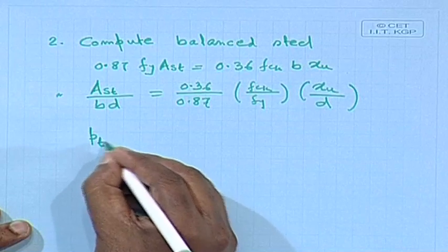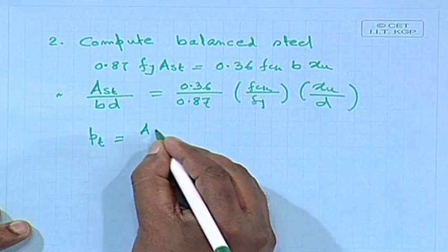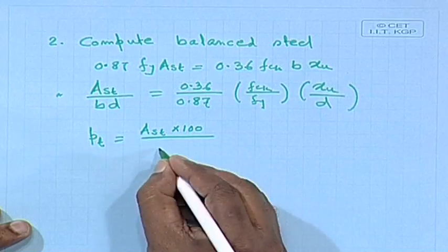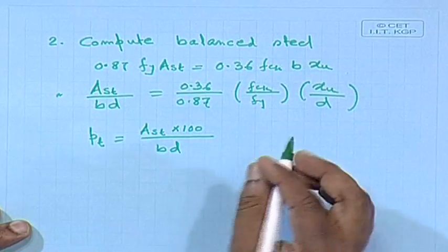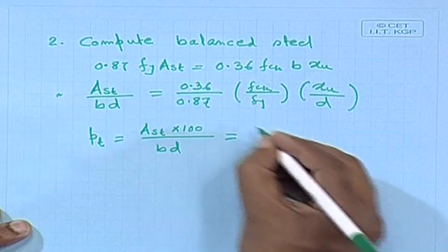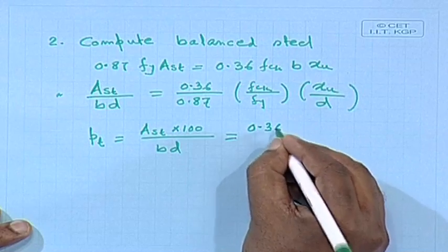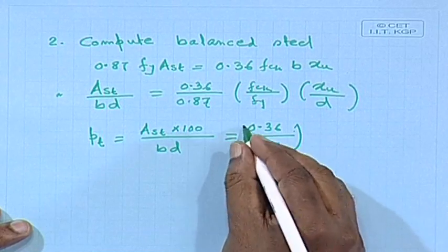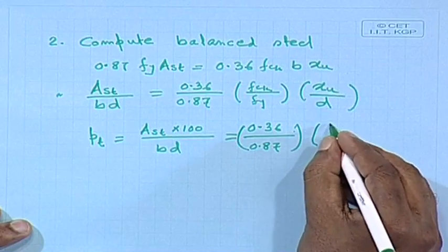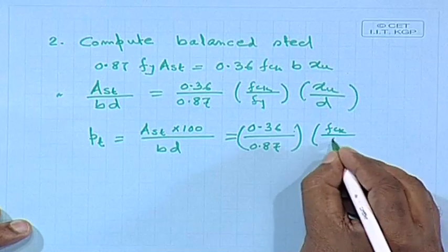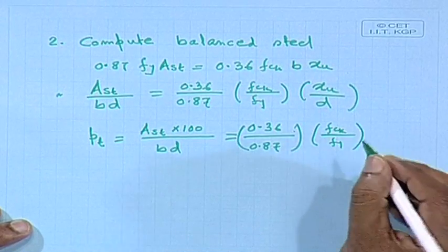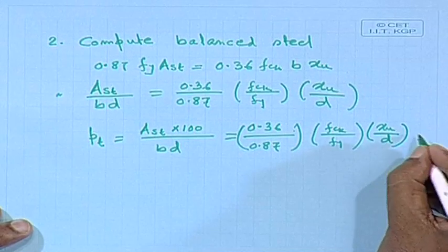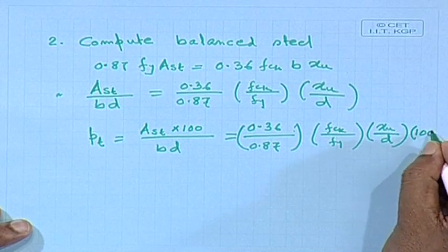PT, which is AST times 100 divided by bd, equal to, I can simply write down, 0.36 by 0.87 multiplied by fck by fy multiplied by xu by d times 100.